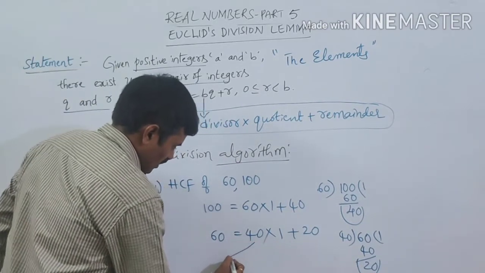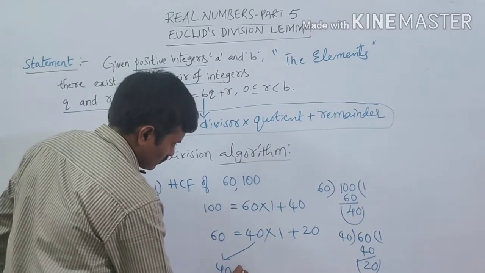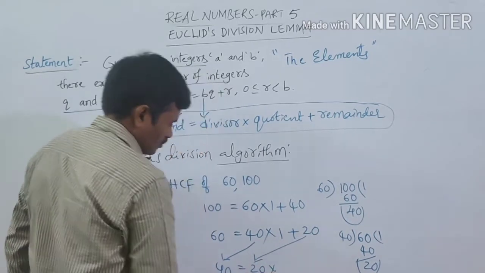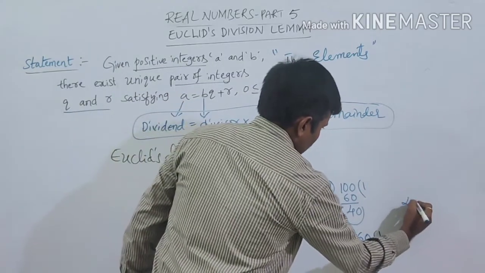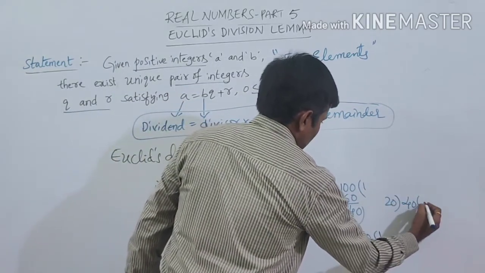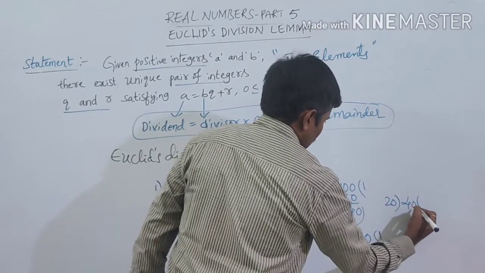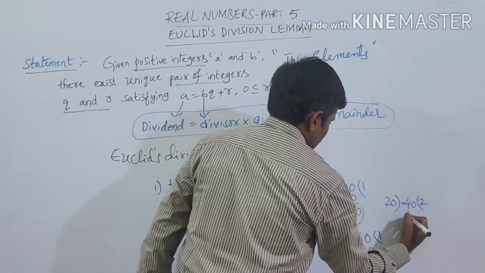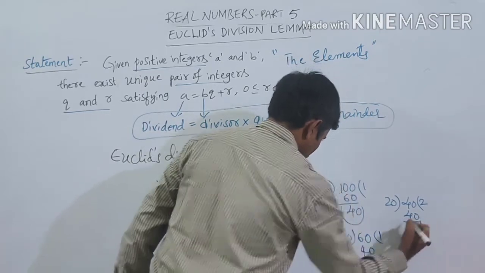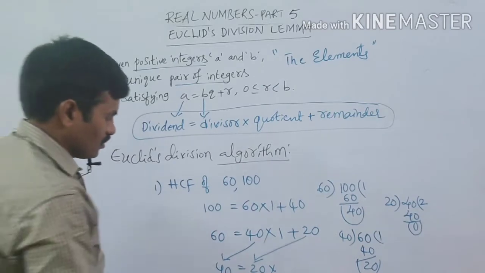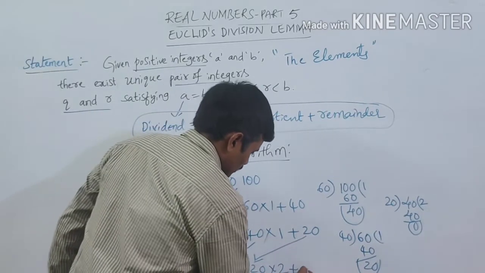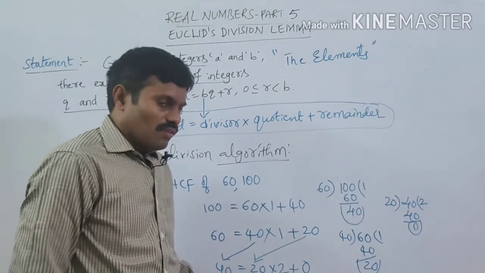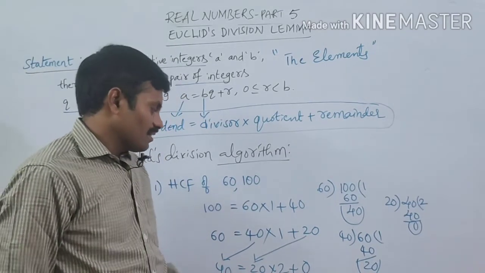Again now this 40 becomes dividend and this 20 becomes divisor. 20 divides 40 how many times? 2 times. In this case what is the remainder? 0. So 2 20s are 40 plus remainder 0. For what divisor did we get remainder 0 here?